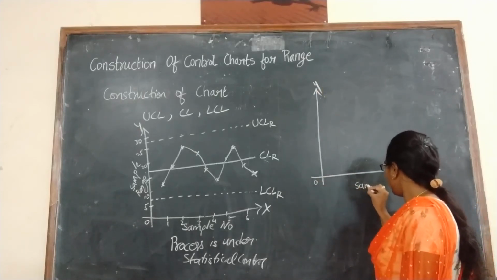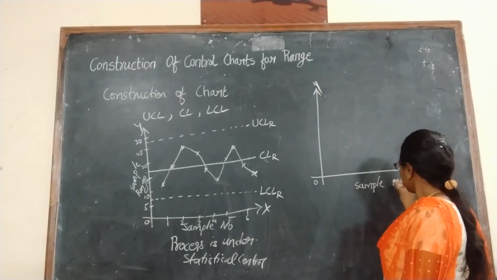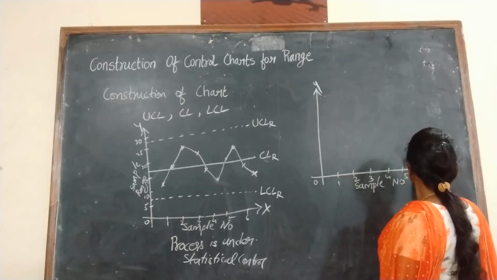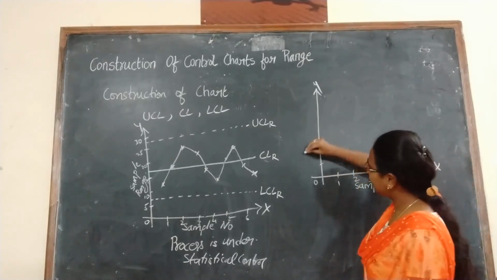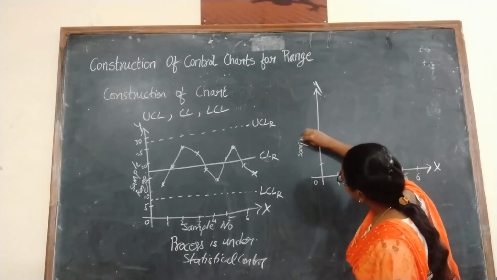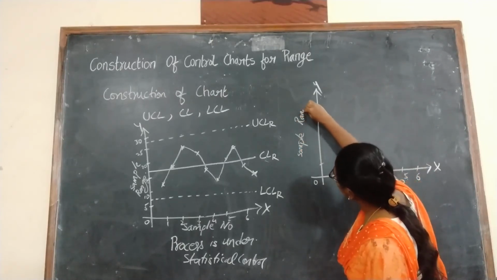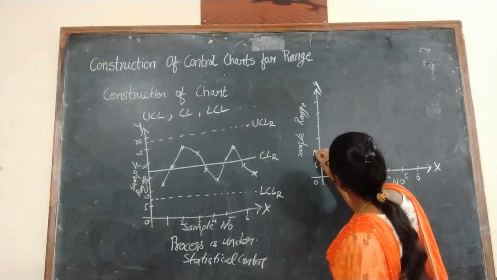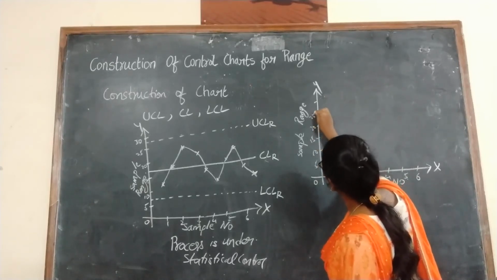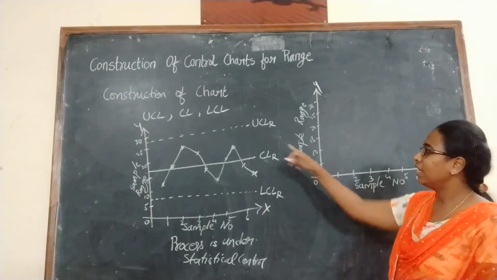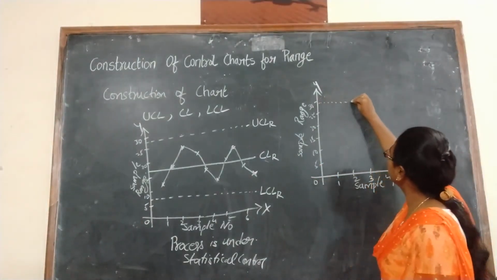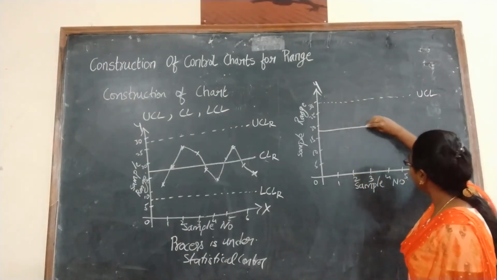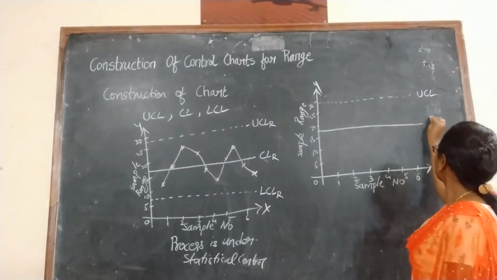So represent sample number on x-axis, and the sample range on the y-axis. So similarly, like this only, we will get the UCL, that is the dotted line, and the straight dark horizontal line is CL.